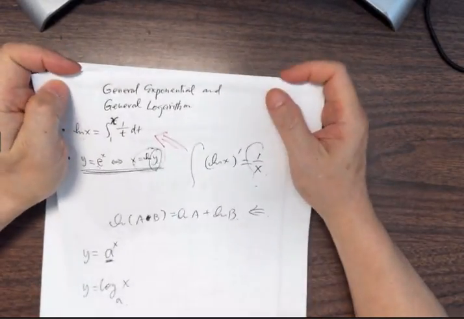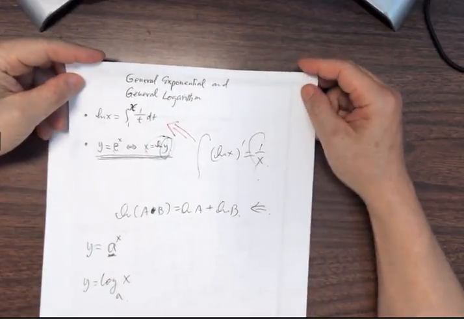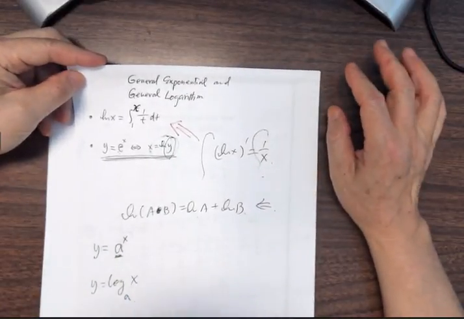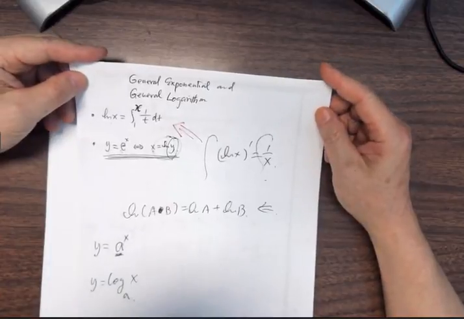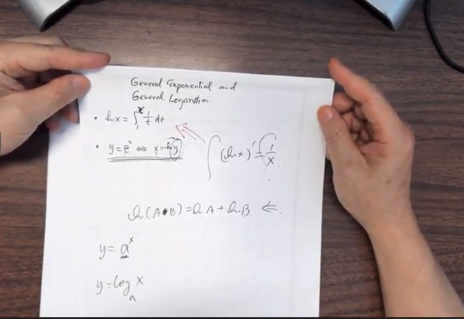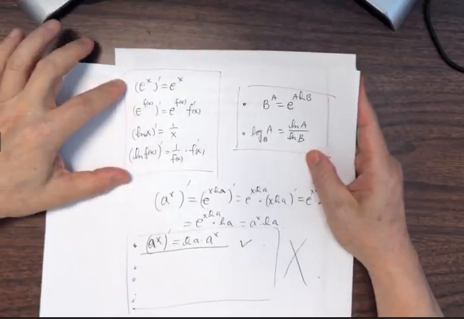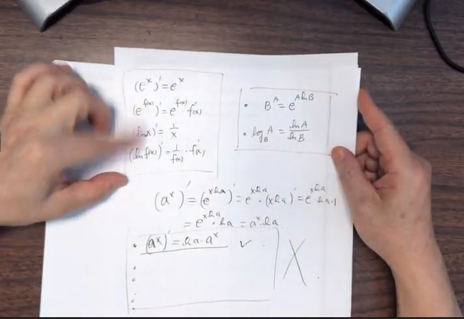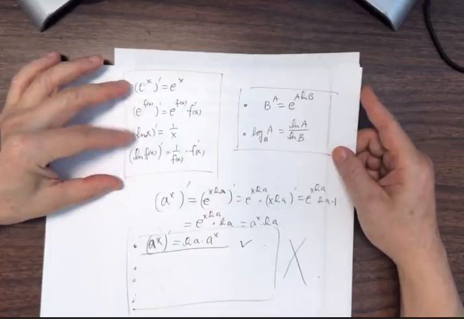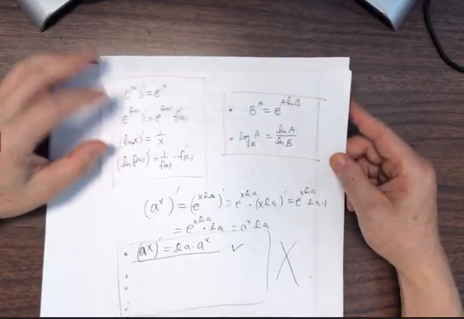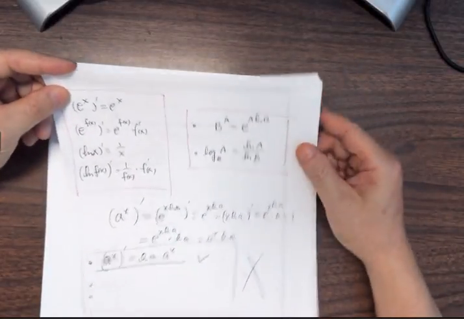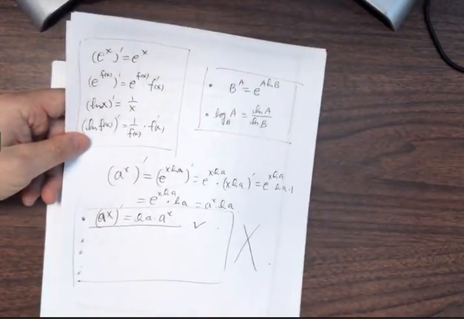Alright, so to summarize, in this section we learned to differentiate and integrate general exponential functions and general logarithmic functions. No need for any new formulas. Differentiation formulas from calculus 1, plus the change base formula. Alright.